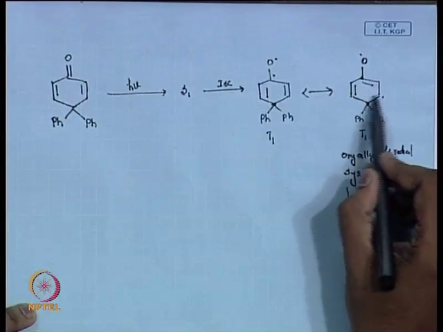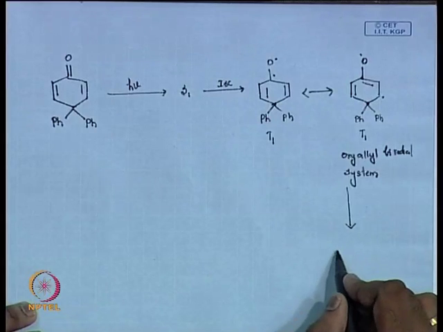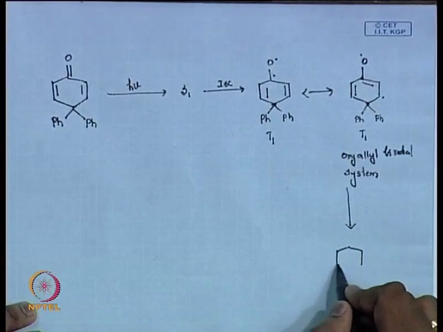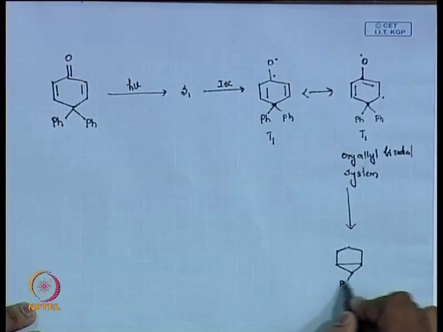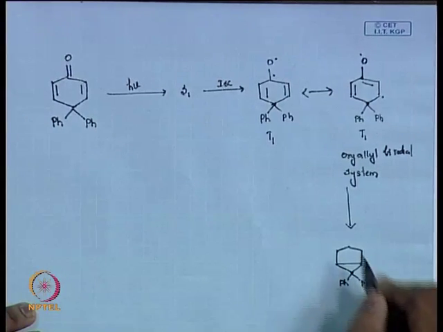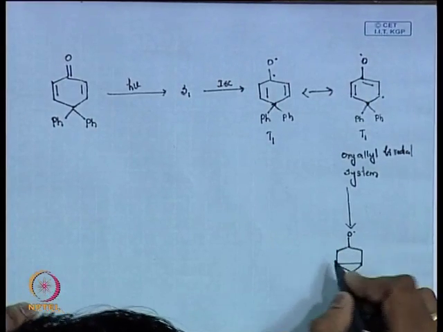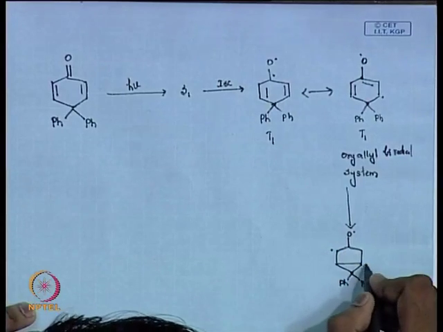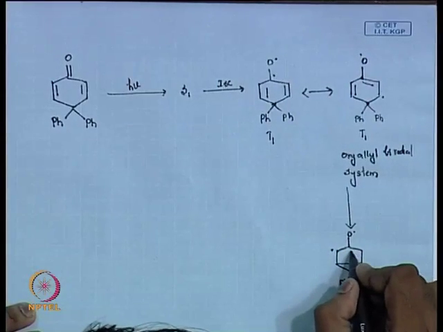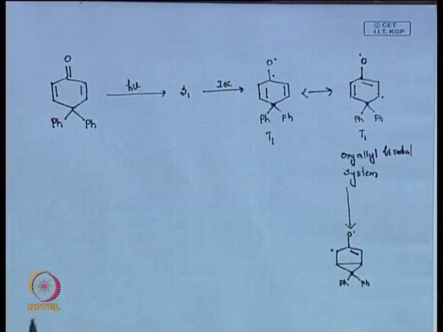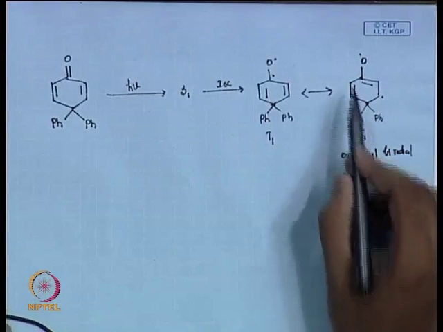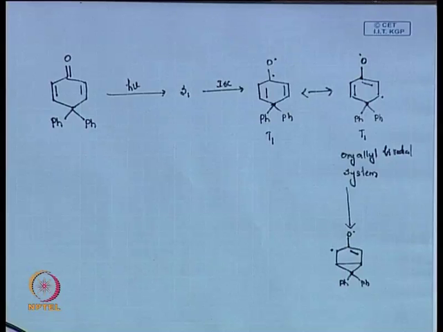Migration or simple bond formation, like your di-pi-methane rearrangement, right. I can just simply form a bond here with a phenyl, just a bond formation with the radical here, that is all. This is in what state now? It is in triplet, fine.